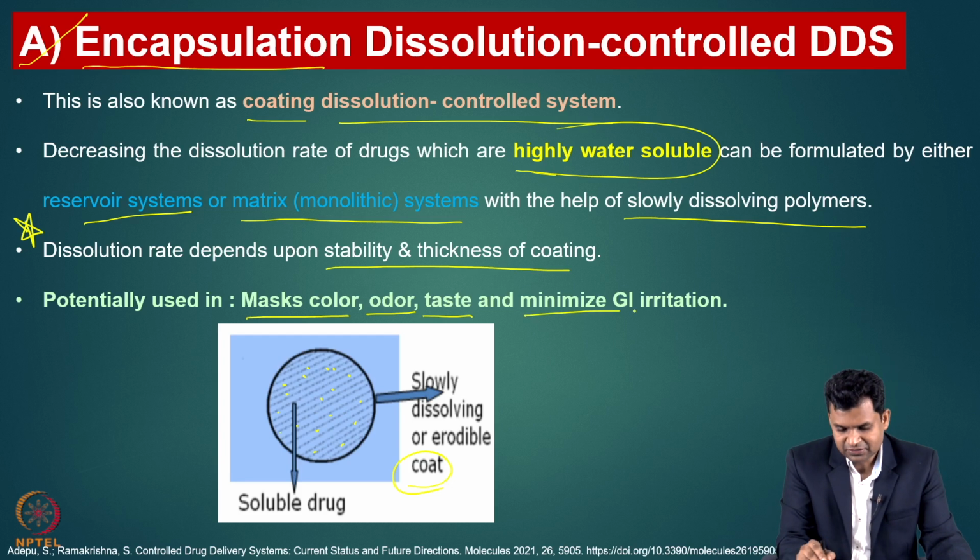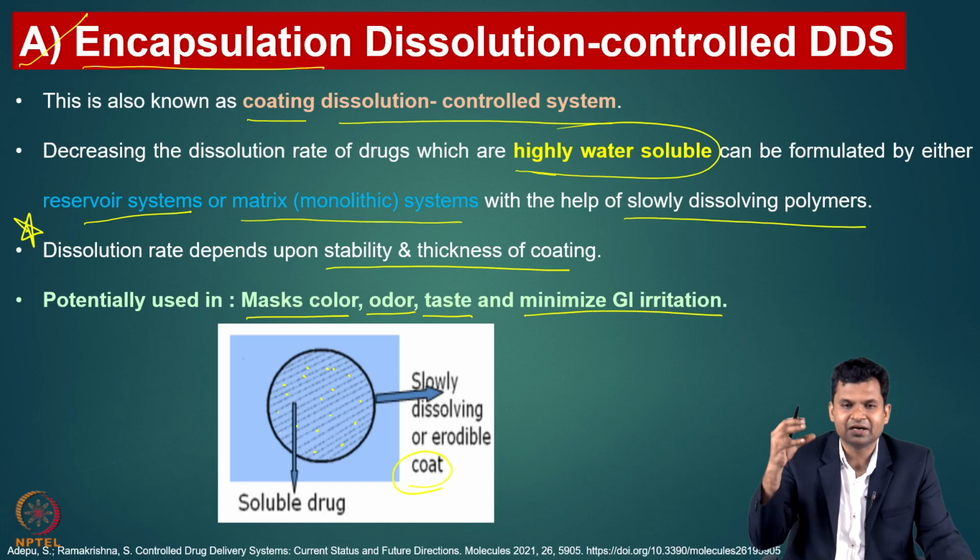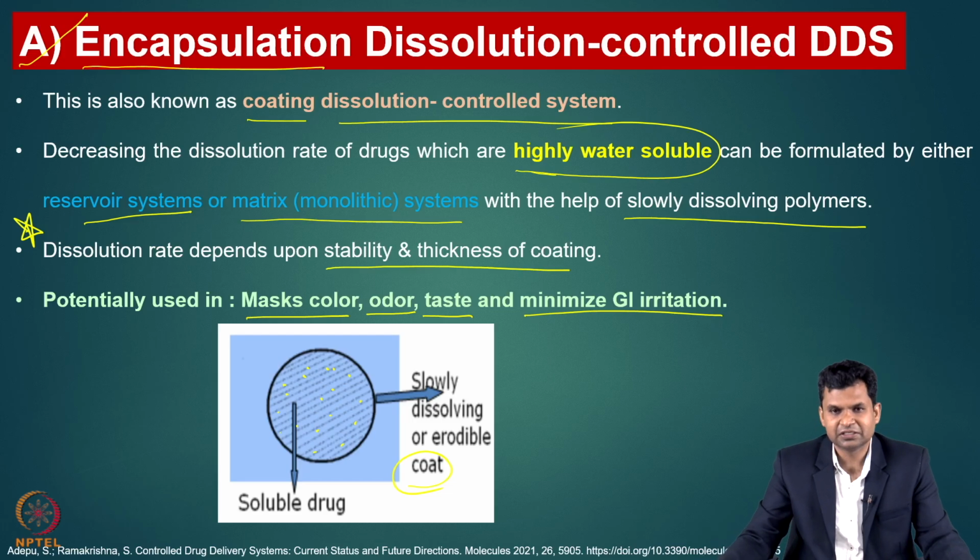And with this you can also minimize GI irritation, that is gastric irritation. There are drugs which induce gastric irritation. In such cases drugs can be encapsulated, or you can make a reservoir system, so your drug will release slowly at the desired biological site.